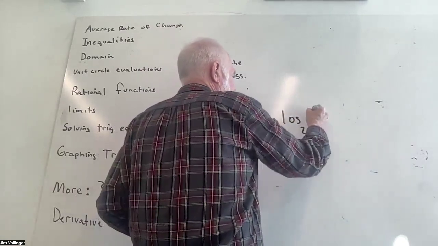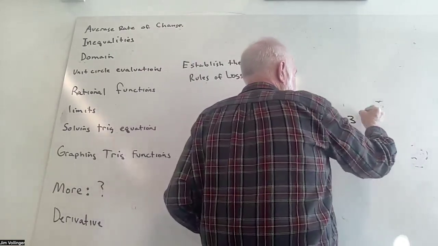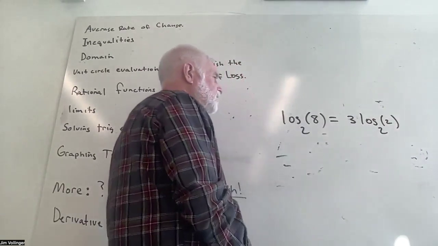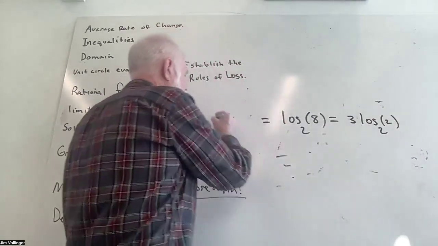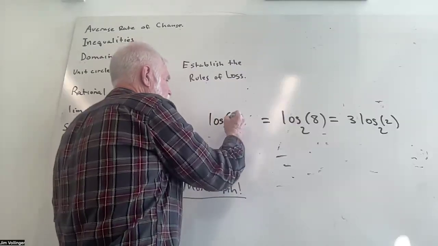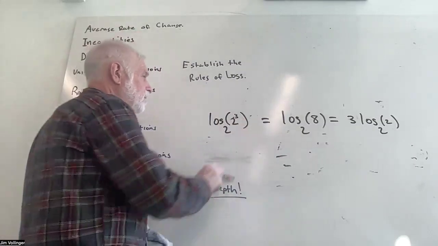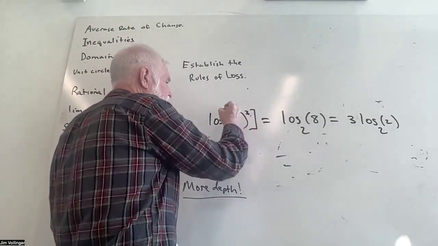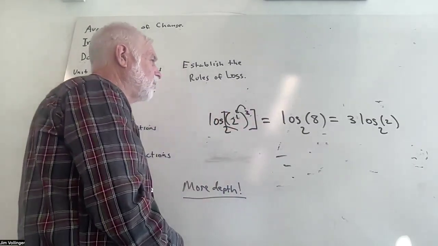Log, I'll switch to base 2. Might be easier to see this one. Is equal to 3 log base 2 of 2. Those are true statements. And so is log 2 of 2 to the third, which is really a 1 and a 3 on the outside. I'm trying to hope that you can see 3 times 1.